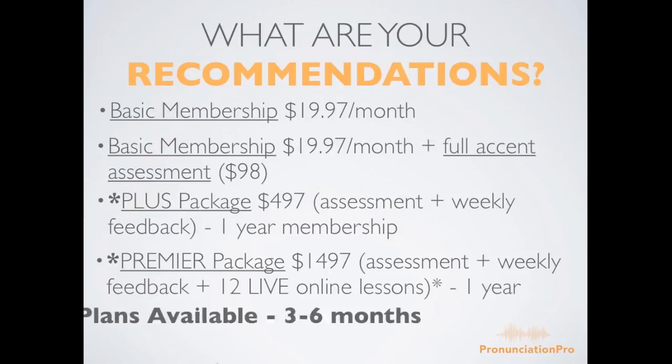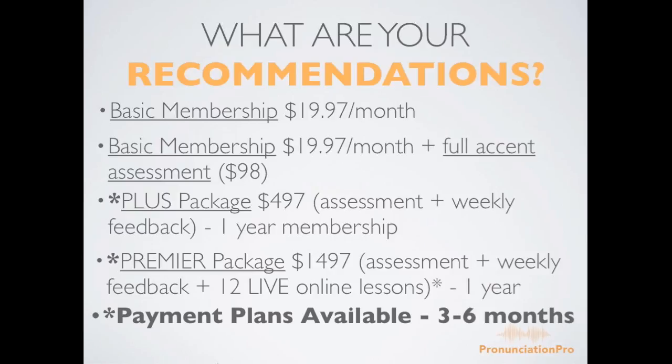And then, like I said before, both the Plus and the Premier packages can be broken up into payments. If you want it broken up into 3 payments, you can contact me and we can set that up. And if you want payments stretched out over 6 months, we have a PayPal Bill Me Later option. When you check out and choose PayPal, you can ask to have the Bill Me Later.